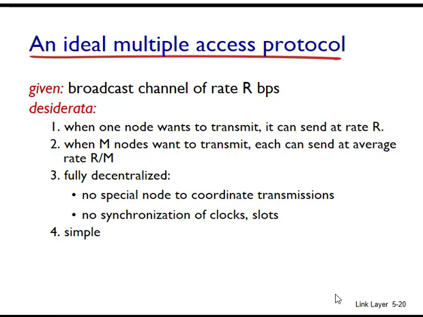When multiple nodes have data to send, each of these nodes has a throughput of R divided by M, the number of nodes transmitting. This does not necessarily imply that each of the nodes always has an instantaneous rate of R divided by M, but rather that should be the average transmission rate over some reasonably defined period of time.